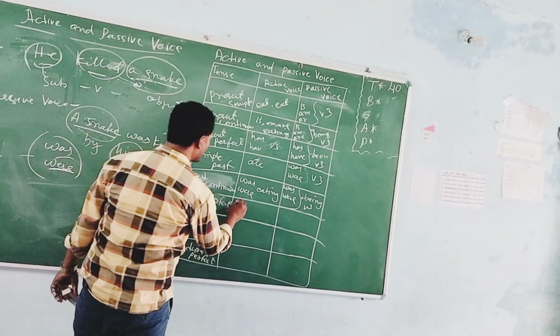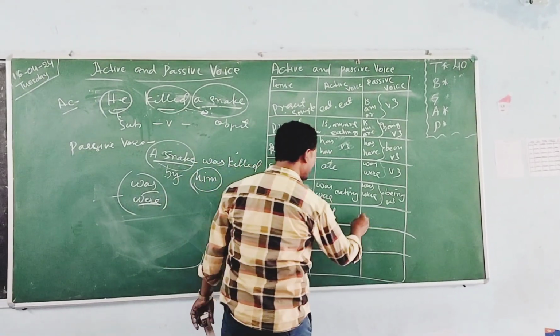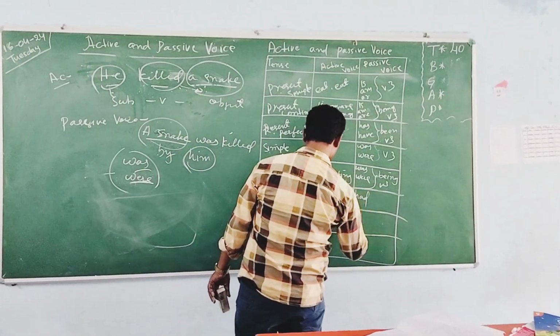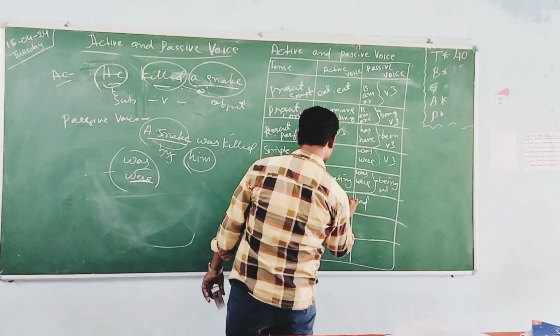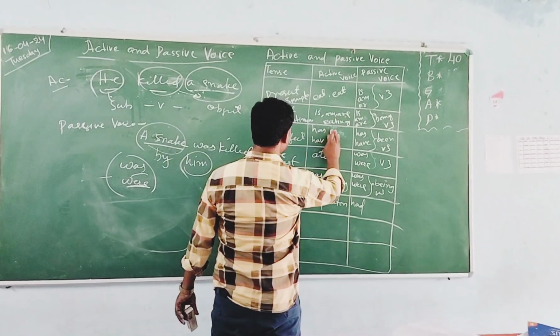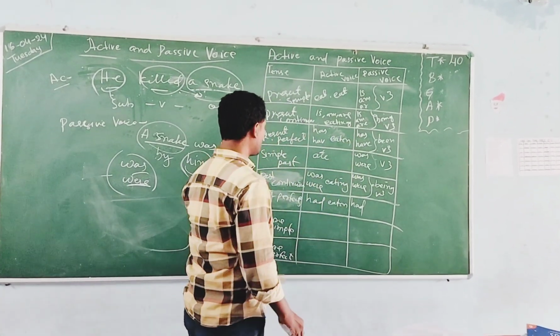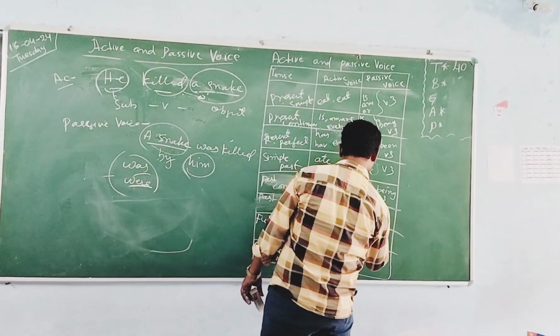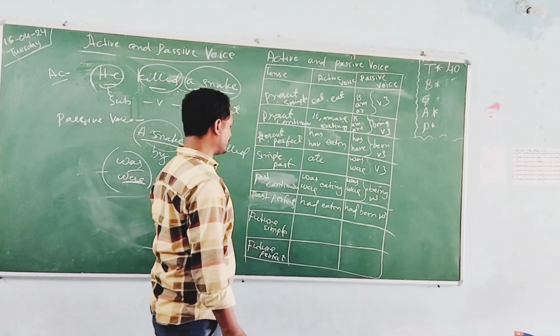Past perfect, we have only one helping verb, had. So what happens here? Had, so we can also write here eaten. Verb 3 is eaten. Had eaten, had been, verb 3, that means eaten.